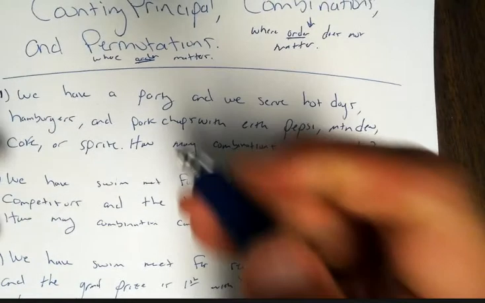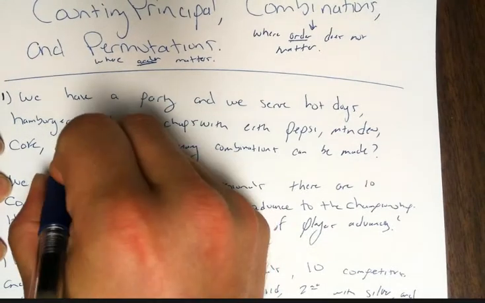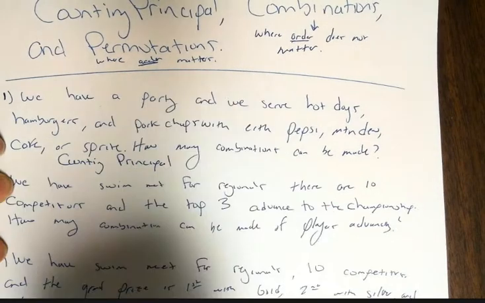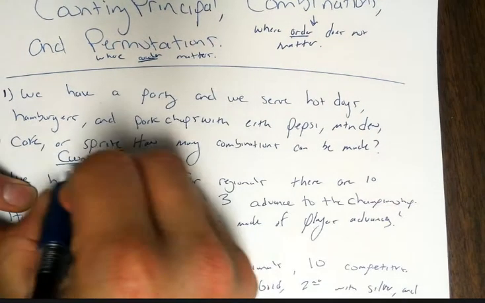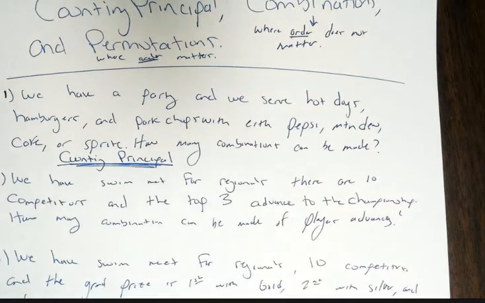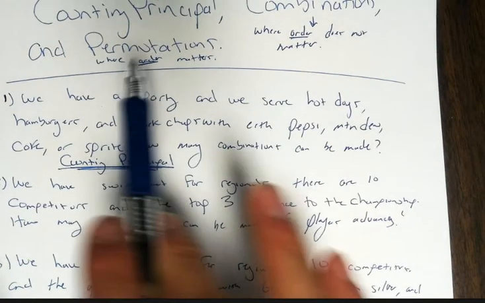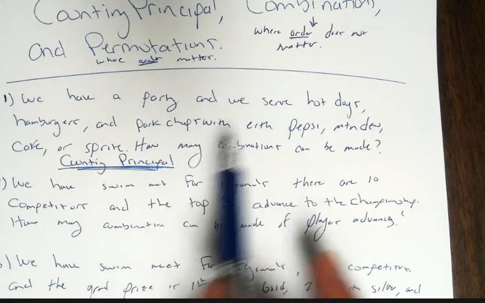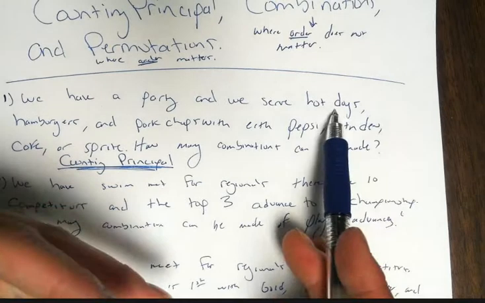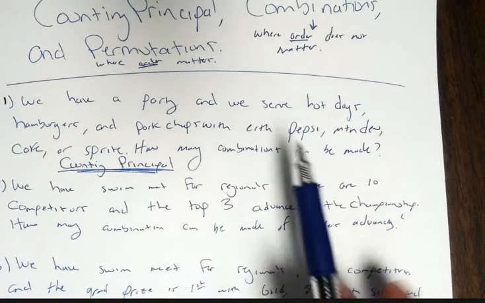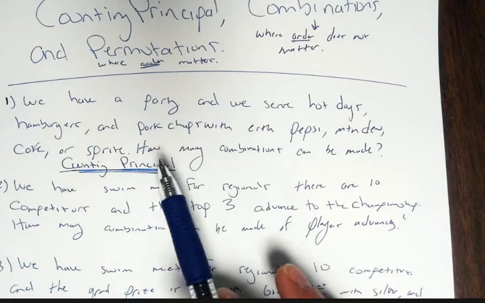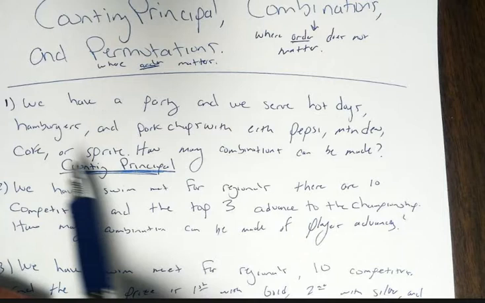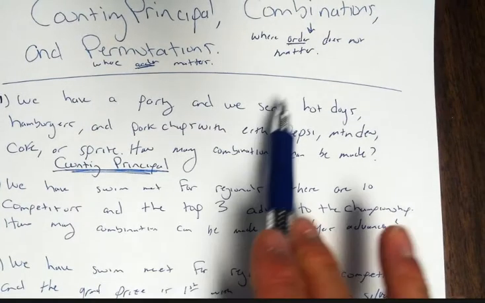So number one has to be a counting principle. And the whole reason why it's a counting principle is because there's no order here. You have 3 types of meat: hot dog, hamburger, pork chop. And then we can go to the drinks and get either Pepsi, Mountain Dew, Coke, or Sprite. If I wanted to, I could grab my Coke first, then go back in line and pick up my hot dog, hamburger, or pork chop.